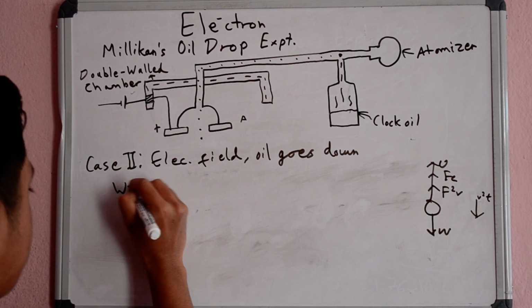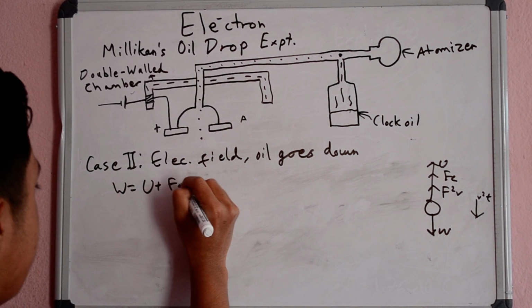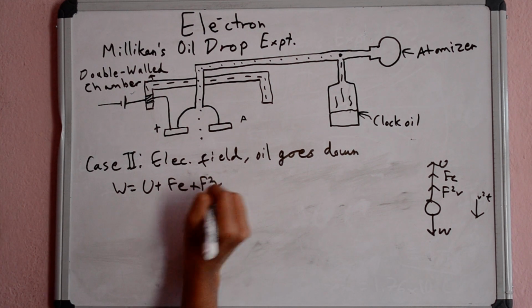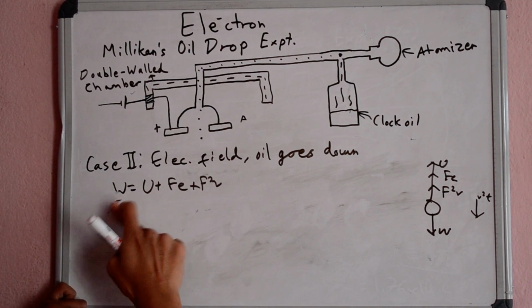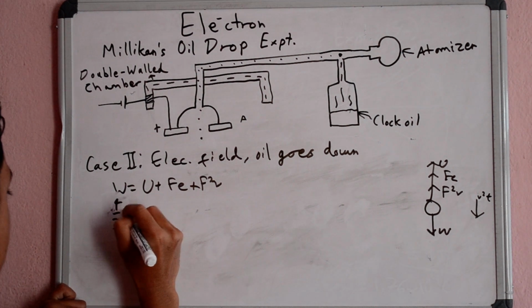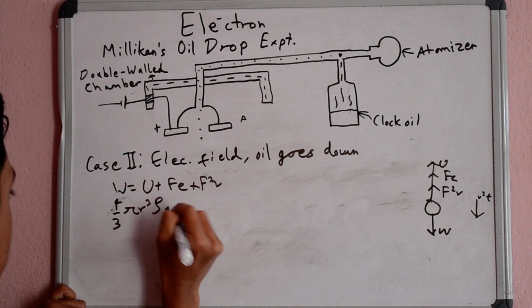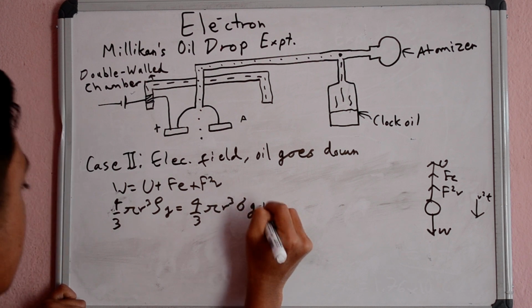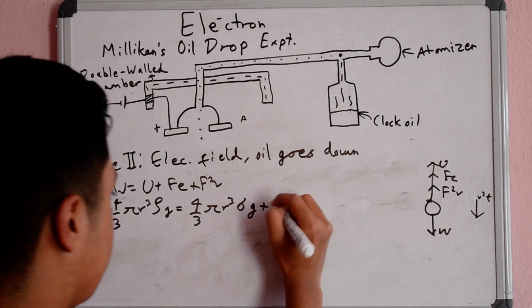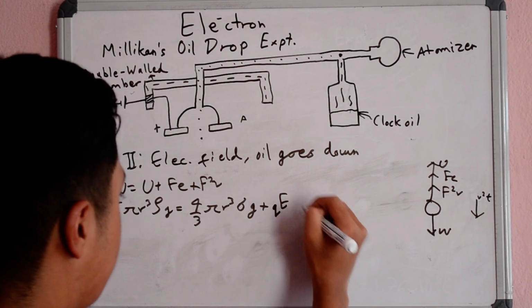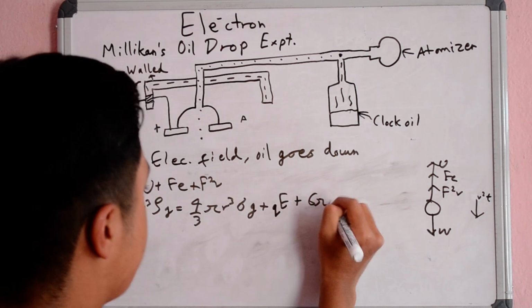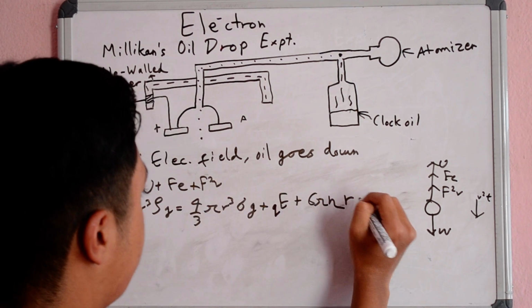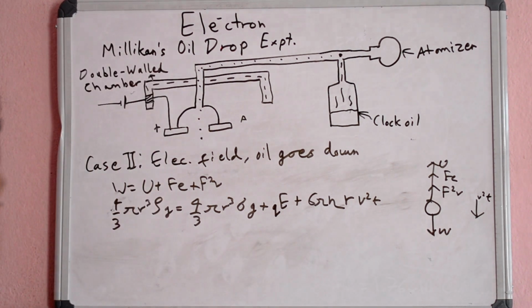So here weight equals U plus Fe plus F to v, or 4 by 3 pi r cube rho g equals 4 by 3 pi r cube sigma g plus, well, the electric force is the charge into the electric field, plus 6 pi eta r v2t.